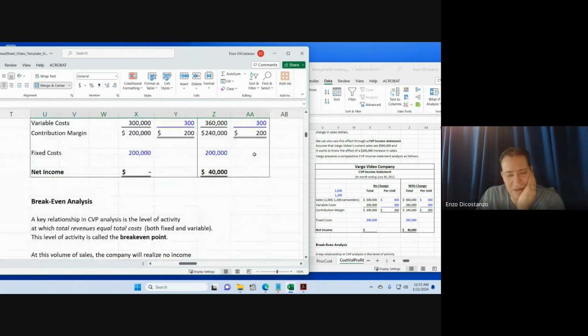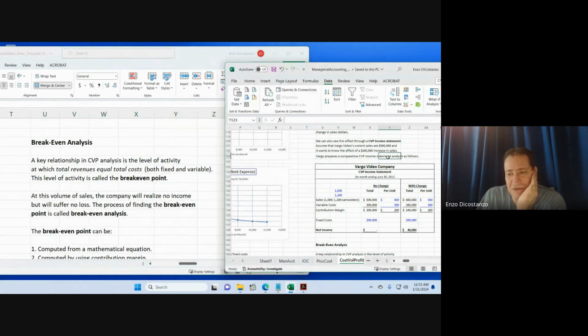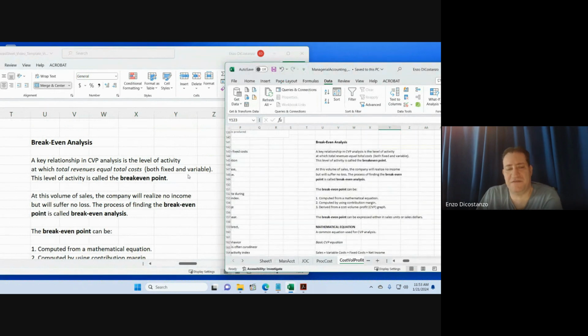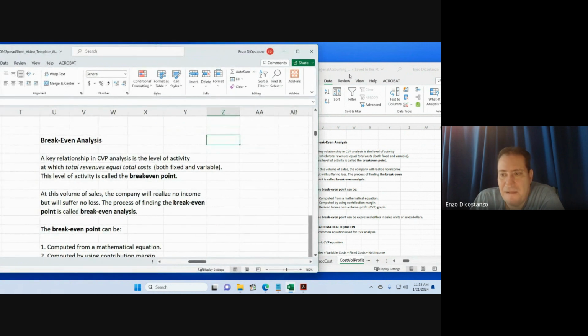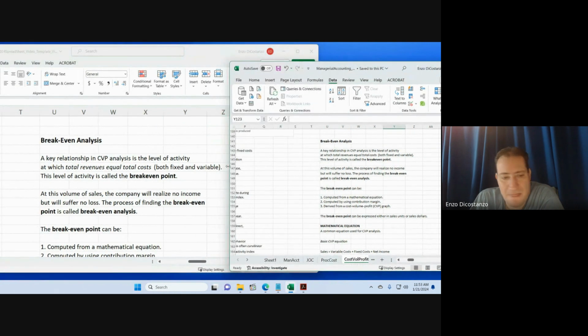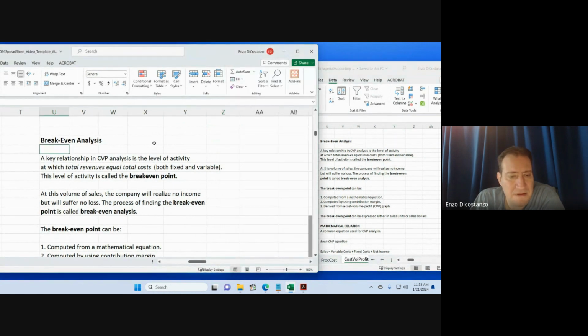All right, we're going to keep going with this. Now we're up to the official and formal break-even analysis part of this discussion. At the level of activity where total revenues equal total cost, that's break even. The company will realize no income but will suffer no loss.